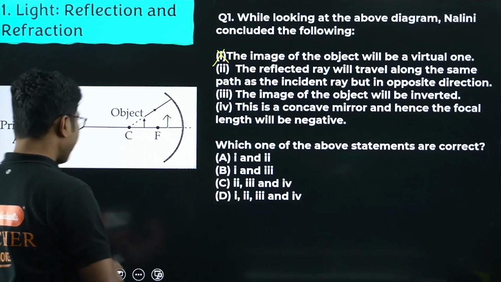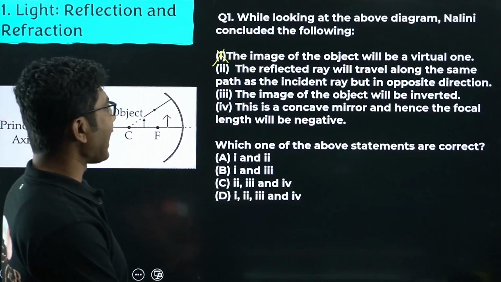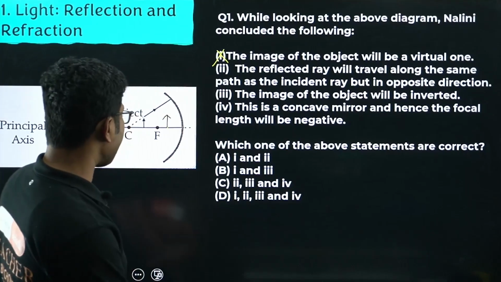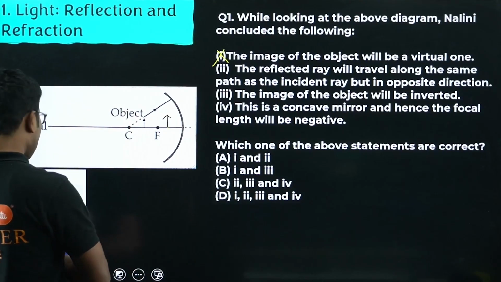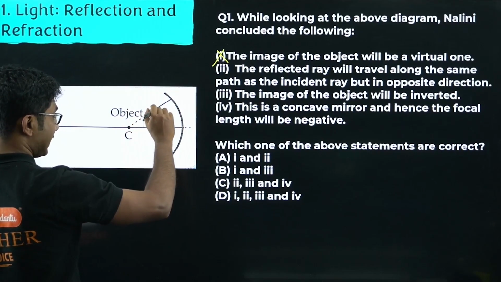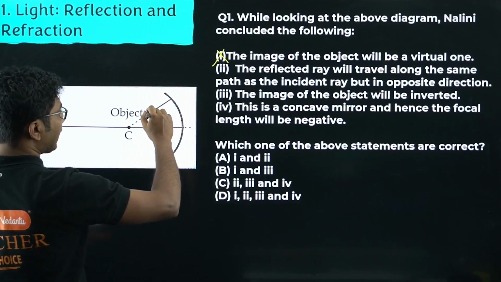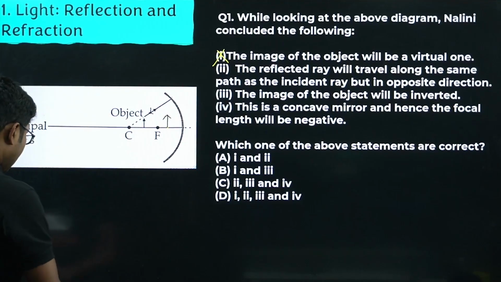Let's look into the second point. The refracted ray will travel along the same path as the incident ray but in the opposite direction. In this case, the ray is coming along the center of curvature, so after falling on the mirror, it will come back along the same path but in the opposite direction.